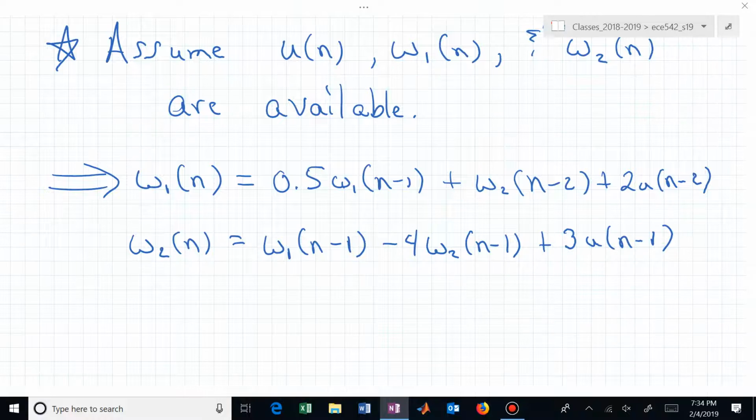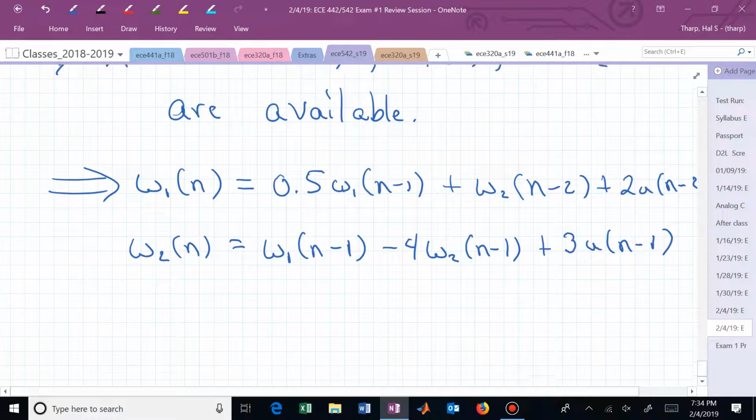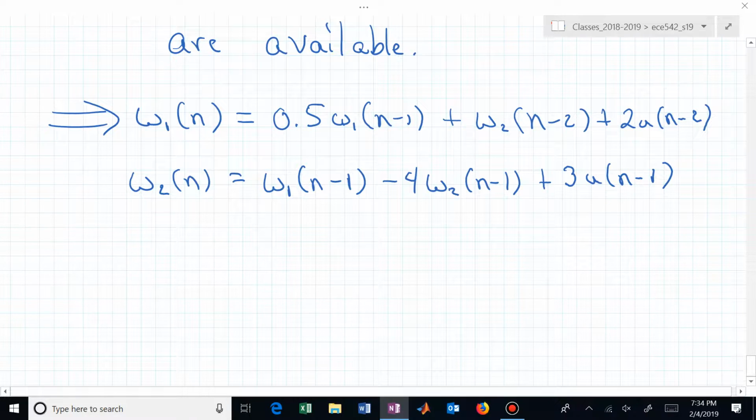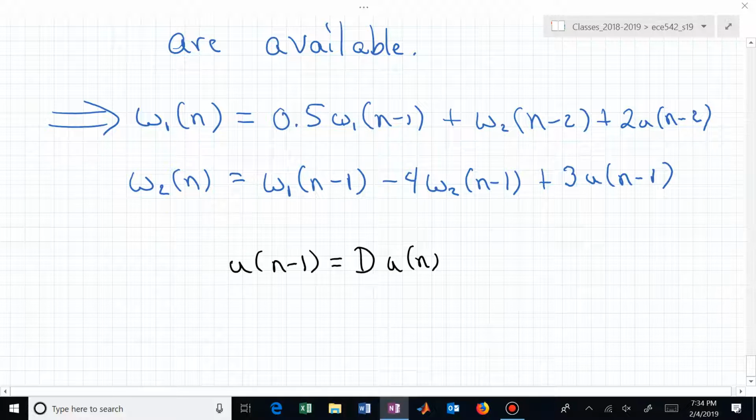Now what we want to do is try to nest delay operators so that the delay operator is only operating on the signals that we have available, U, W1, and W2. Meaning, U of n minus 1 will be the same as D of U of n.